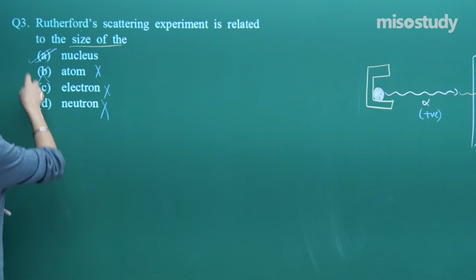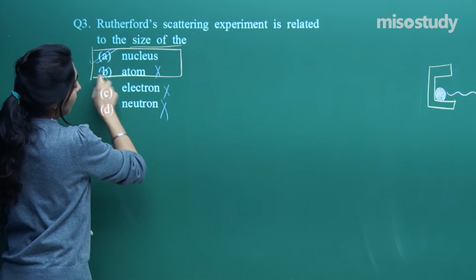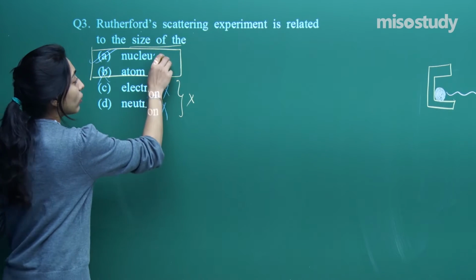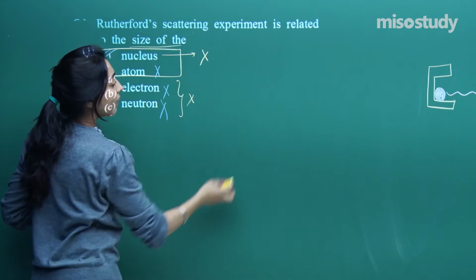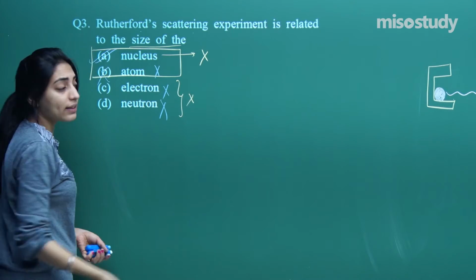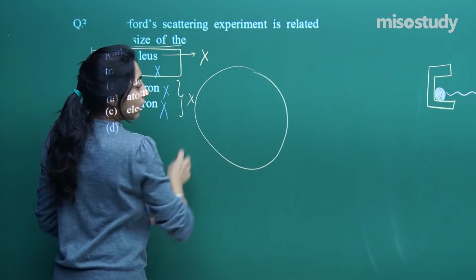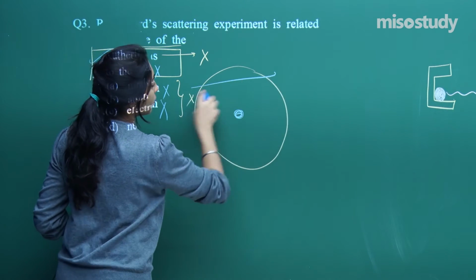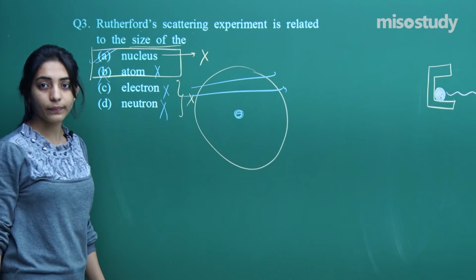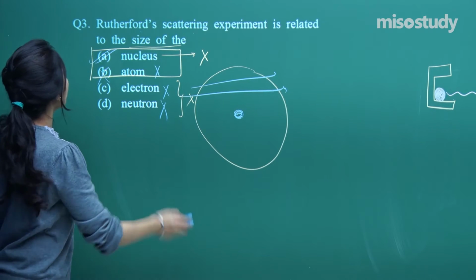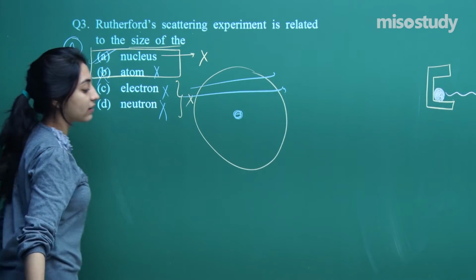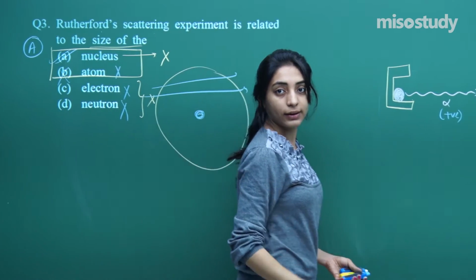Students could have got confused in these two things. Nowhere was it said that the atom is big enough. It was very clear that the nucleus is small, so maximum space is empty. Thus question number 3 has option A as the correct option. Fine?